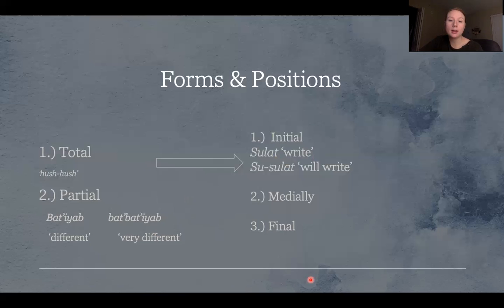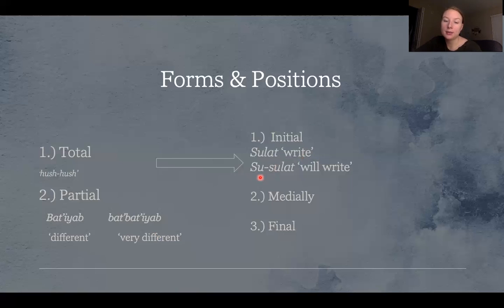And then for initial reduplication, we can see in Tagalog here that we have sulat, which is write.